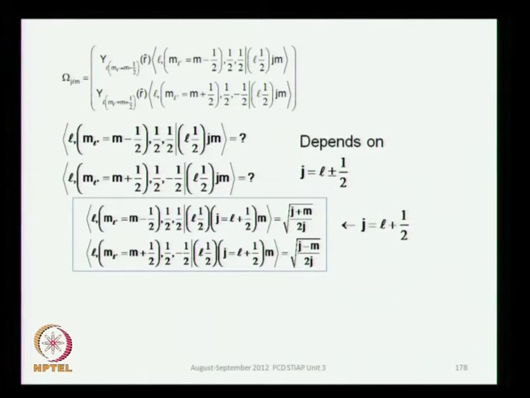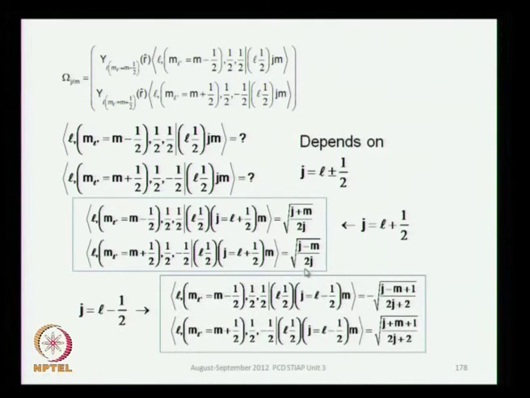So you have to handle these cases separately, because the value of the Clebsch-Gordon coefficient will certainly depend on this, and then if j is L plus half, then this Clebsch-Gordon coefficient, the upper one is root j plus m over 2j, the lower one is root j minus m over 2j. On the other hand, if the j is equal to L minus half, then the Clebsch-Gordon coefficients are given by these. Okay. So this is something that you can extract from standard tables of Clebsch-Gordon coefficients.